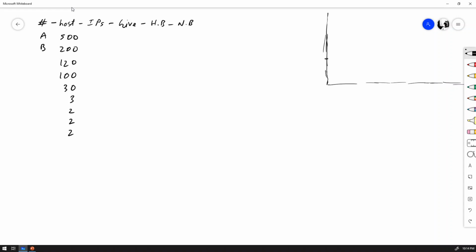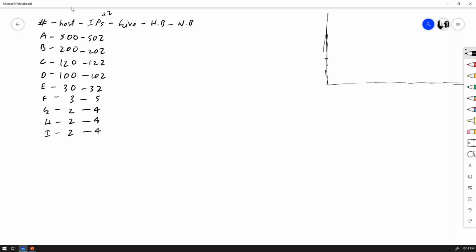So let's name them A, B, E, F, G, I. For 500 hosts they would need 502 IPs, because we just add 2 to the host requirement: 202, 122, 102, 32, 5, 4, 4, 4.